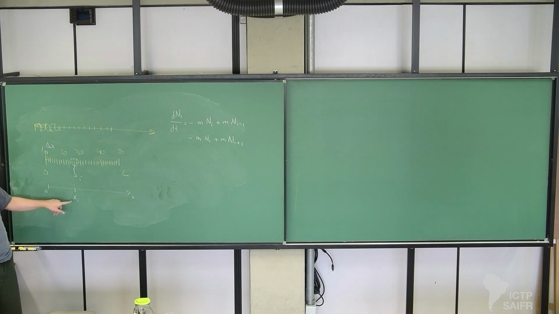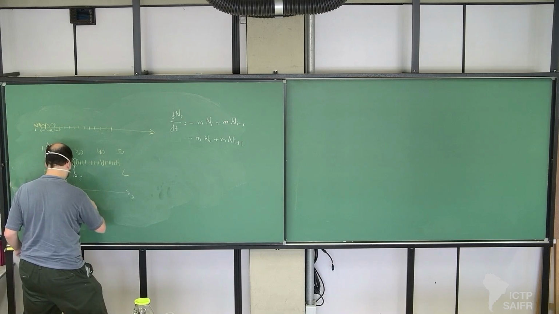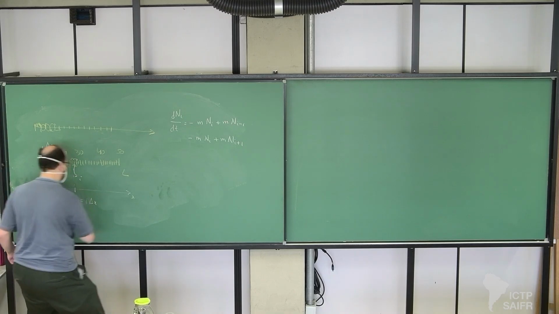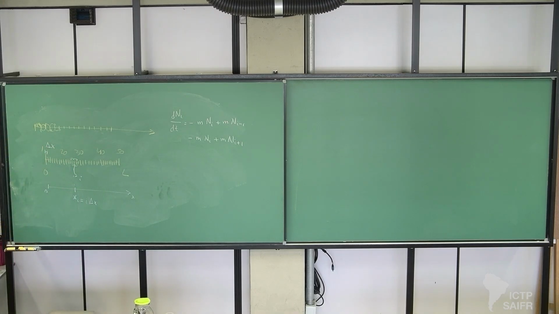So the position xi is just i times delta x. This is the position in space of the patch i.